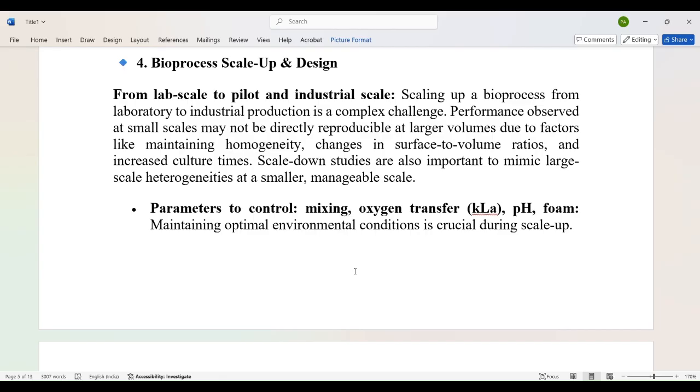It is very important that whatever designing we are doing for a particular scale should be almost equal at each stage. What I mean is, if I am taking 1 liter of batch, I should get similar results in 10 liters of batch, as well as 100 liters, as well as thousands of liters of batch.